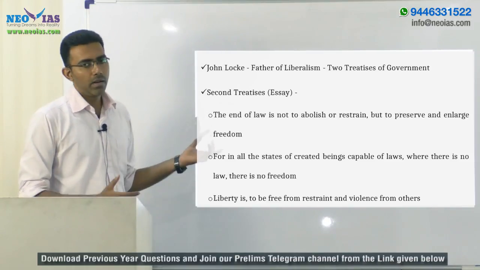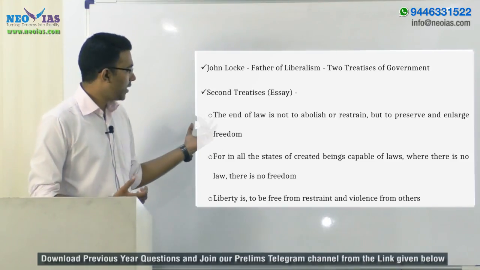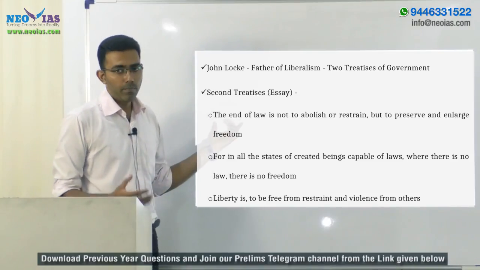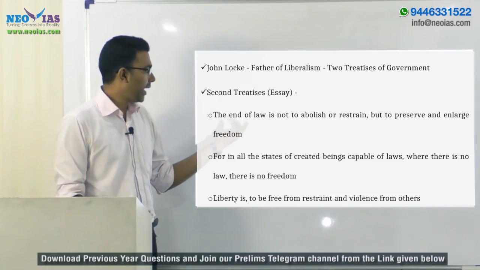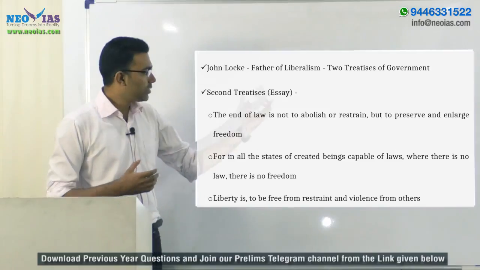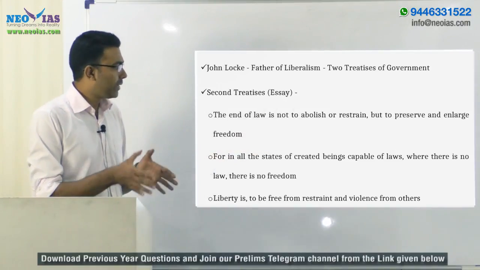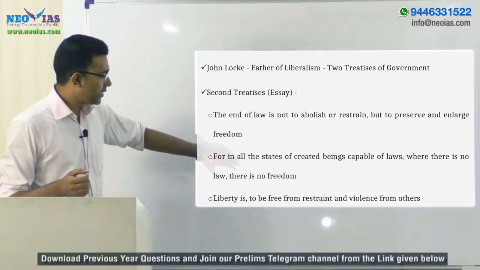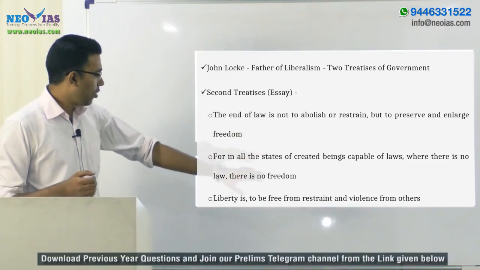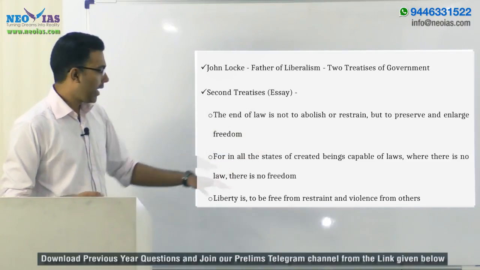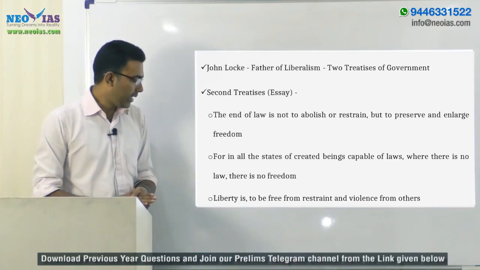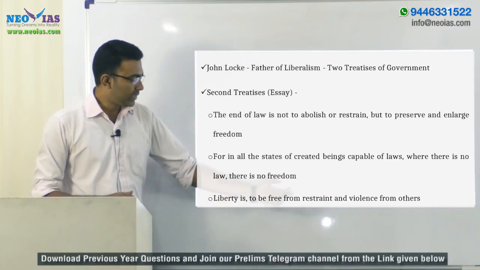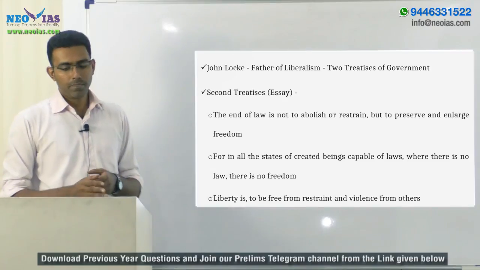In his second treatise, he said that the end of the law, end meaning the aim here, the aim of the law is not to abolish or restrain, but to preserve and enlarge freedom. And hence, where there is no law, there is no freedom. And here he says that liberty is to be free from restraint and violence from others.